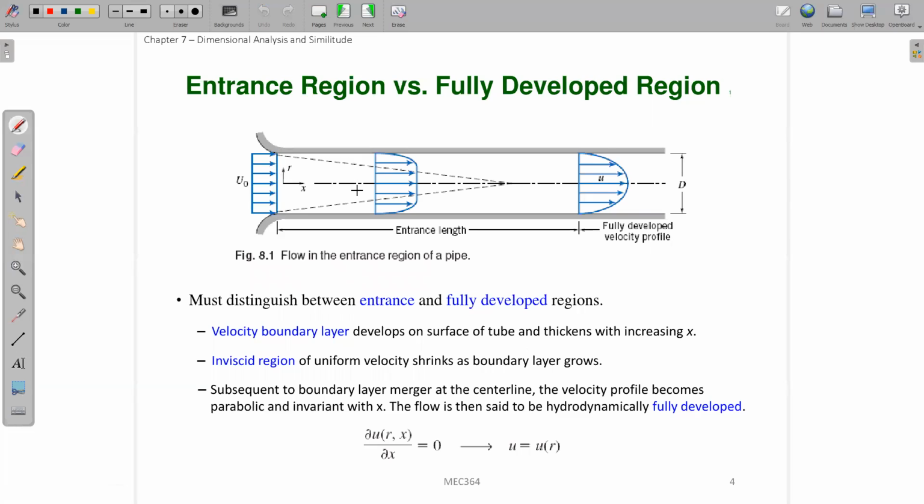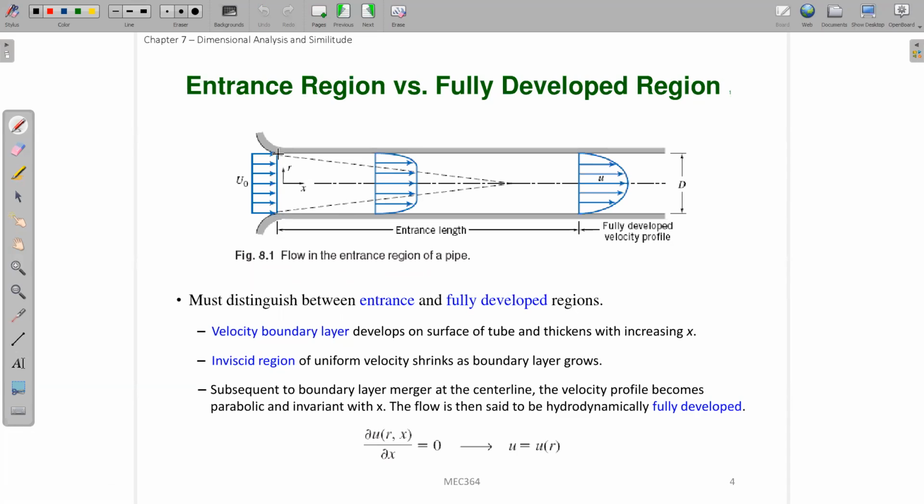We know that the flow is viscous, and for viscous flow we usually have the no-slip boundary condition. What does the no-slip boundary condition mean? It means that at the wall, because of the viscous effect, the velocity of the flow at the wall should be 0.